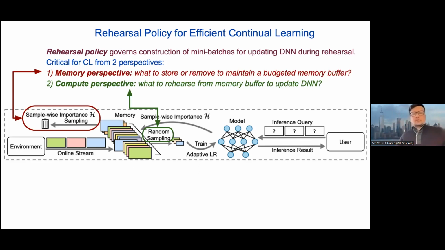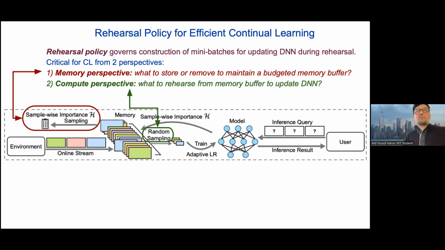There are two perspectives in continual learning: memory and compute. The memory perspective is how to store efficiently over time, that is, what we store and remove to maintain a budgeted memory buffer. The compute perspective is how to efficiently select samples during training that translate to higher computational efficiency.